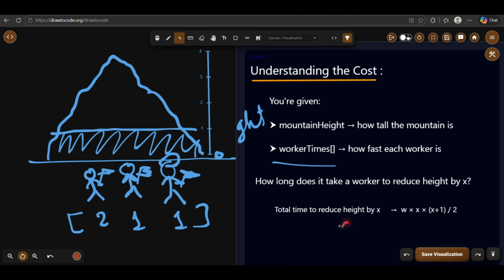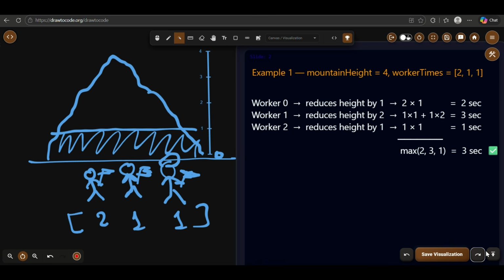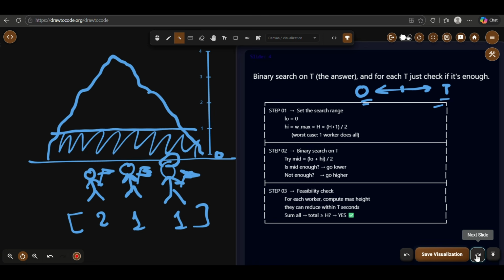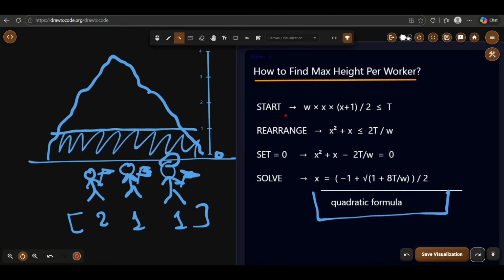We have to find x by the given time. This time we got from binary search. So we have got T, and we now know how to find x, the maximum x chopped by a worker in time T.